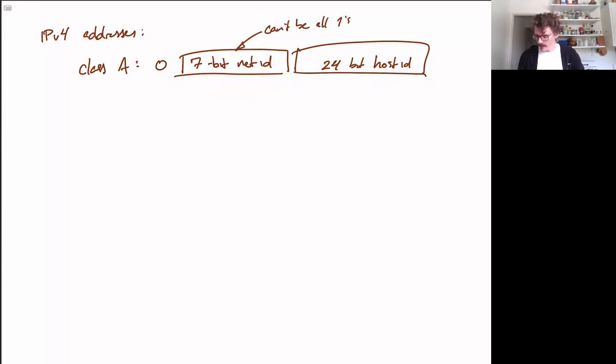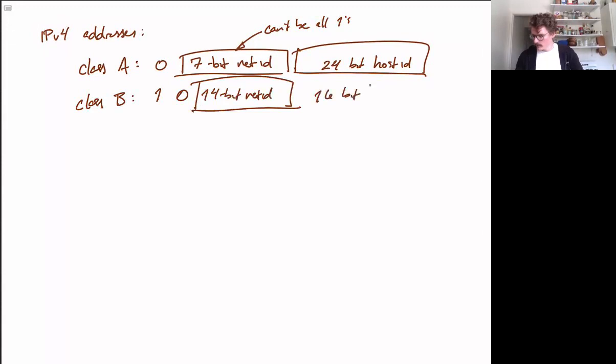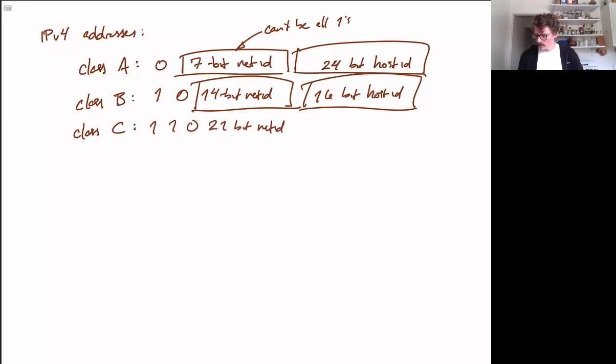Okay, so let's do the rest. Class B looks like this, a 1, and then a 0, and then a 14-bit net ID. And then a 16-bit host ID. And a class C address looks like 1, 1, 0, and then a 21-bit net ID. And an 8-bit host ID.